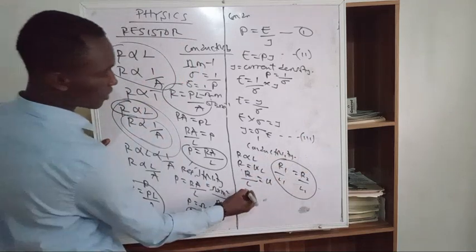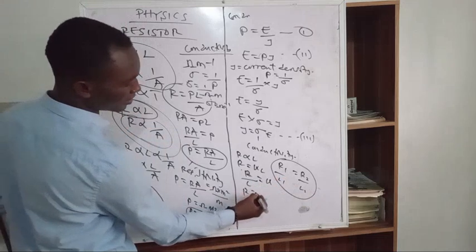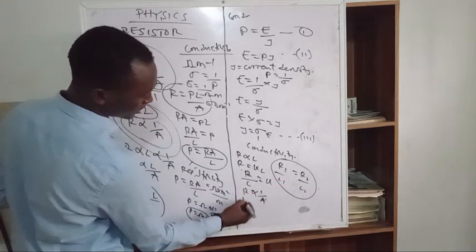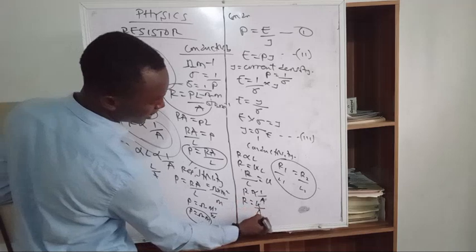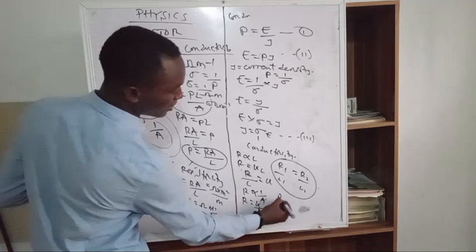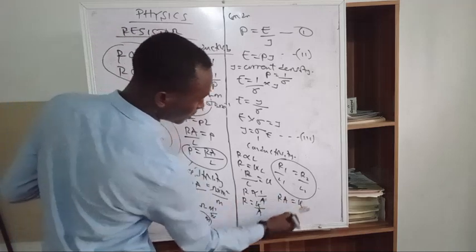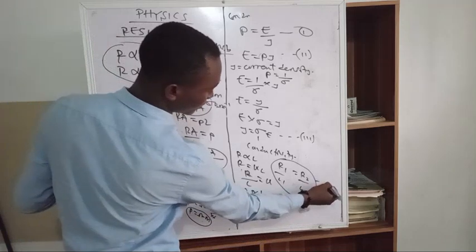But for the area, R is proportional to 1 over area, then R is equal to K over area. So area is coming to this side, then you have RA is equal to K. Write this formula down, note it.